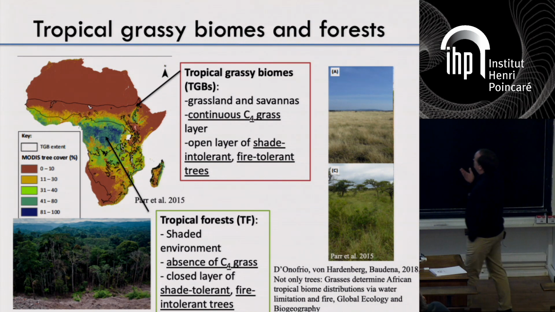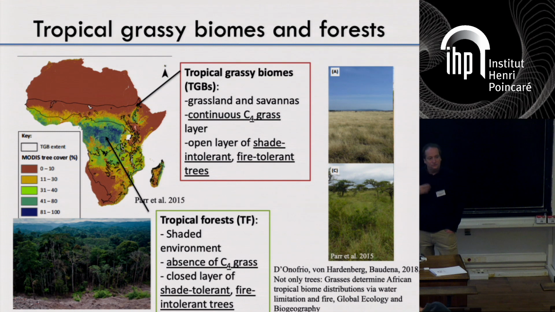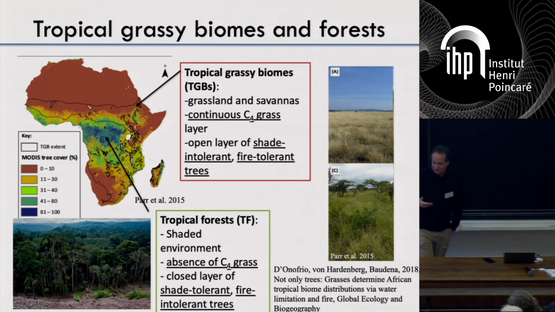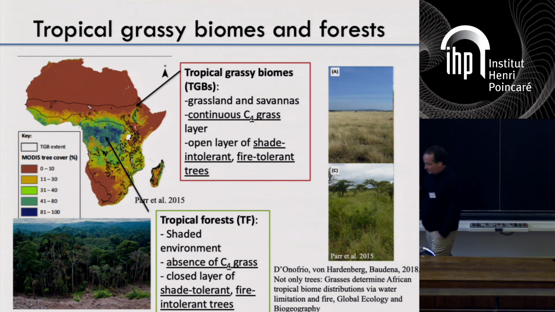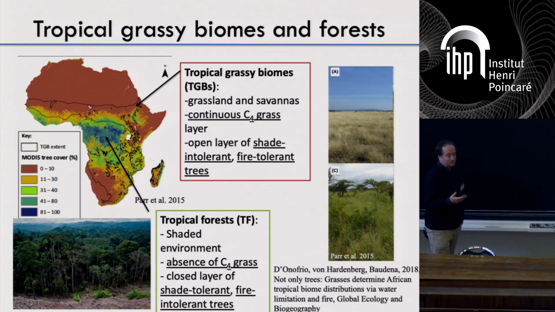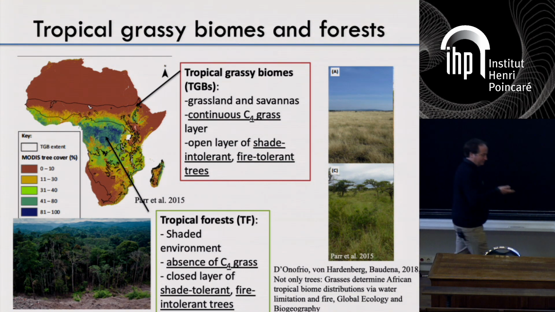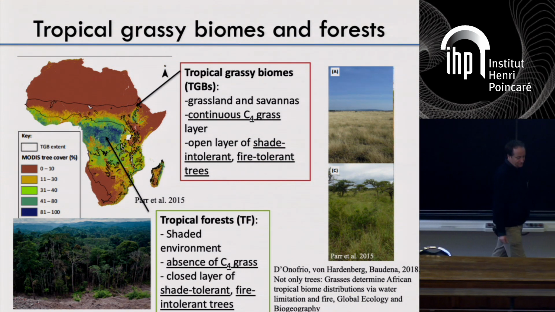And the grass itself is creating fuel to promote the occurrence of fires. So there is a feedback at work there by which the growth of grass will possibly facilitate the occurrence of fires, but this will help to keep an open canopy, and this will also help the trees, which are fire resistant, to survive in these areas.